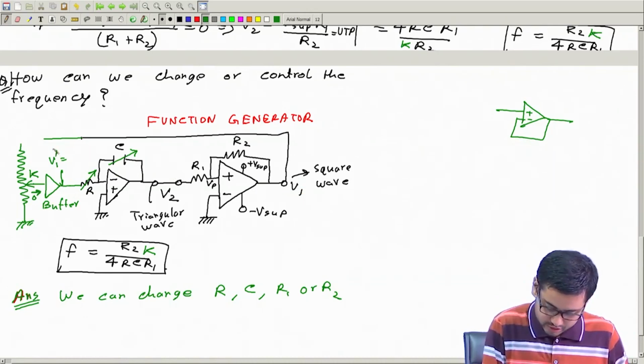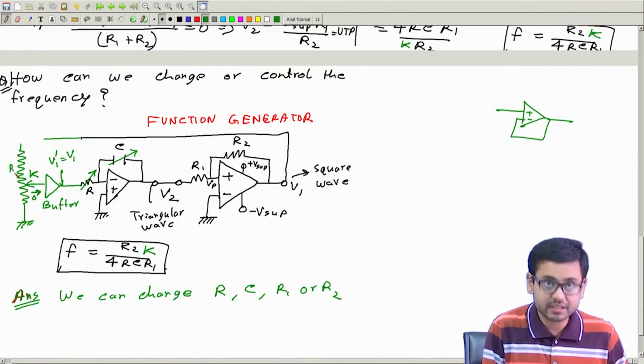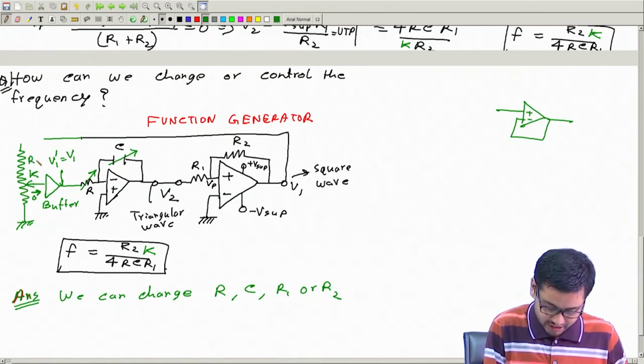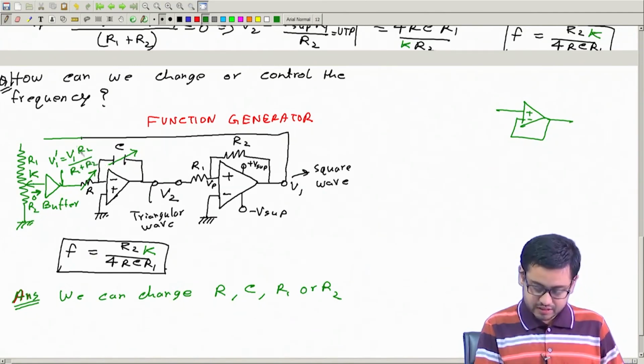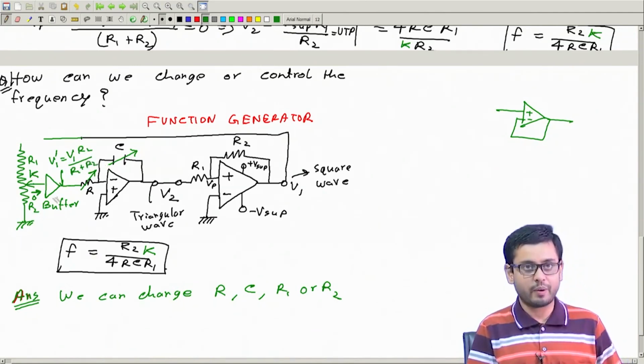So V1 prime is this V1 multiplied by, if this upper part is R1 and this lower part is R2, R2 by R1 plus R2. This equation will be exactly true if I have a buffer here.